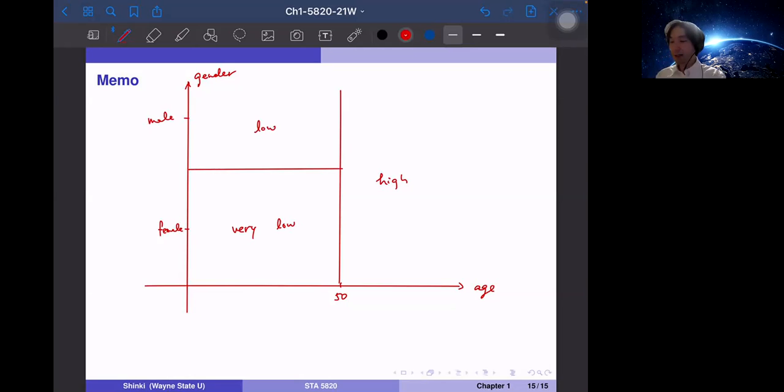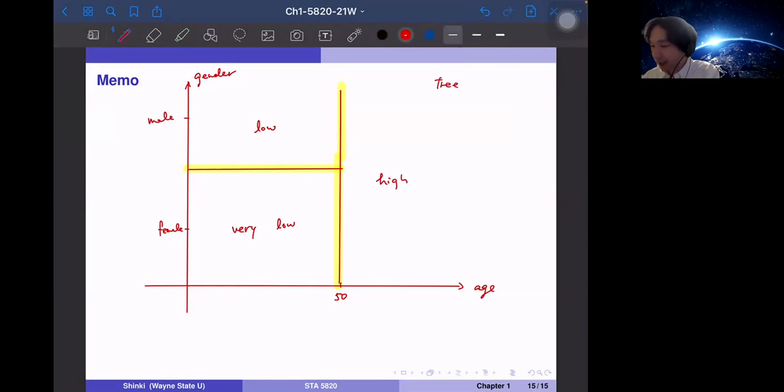So we separate first by age, but after that by gender, since maybe females have lower risk of getting COVID symptoms. In this way, we can separate the plane of the predictor variables into several pieces by separating cases. So this is the idea of the tree-based method.